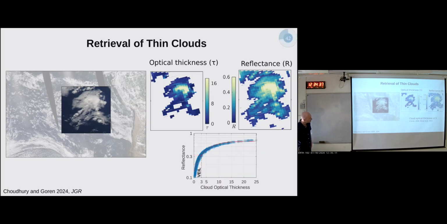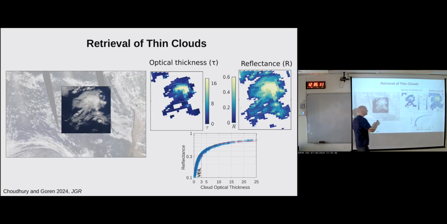So we corrected this by looking at the reflectance in every pixel, and we had all these pixels that had some reflectance that is larger than the ocean, but didn't have a retrieved cloud optical thickness. We assume they are thin, because they for sure have smaller optical thickness than pixels that do have a successful retrieval of optical thickness.